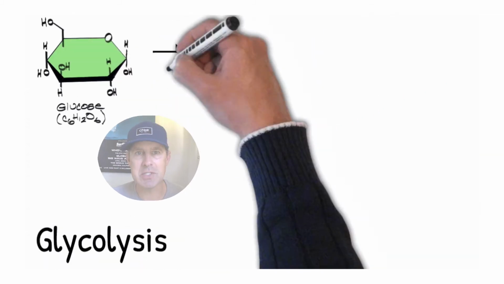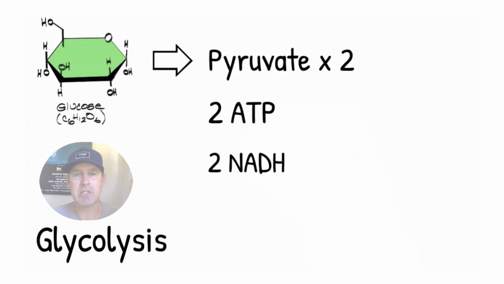So the first process is glycolysis, using the 6-carbon molecule of glucose. At the end of glycolysis, we end up with 2 molecules of pyruvate. Pyruvate are 3-carbon molecules. So if we break down glucose, essentially divide it in half, we're going to have 2 3-carbon molecules known as pyruvate.